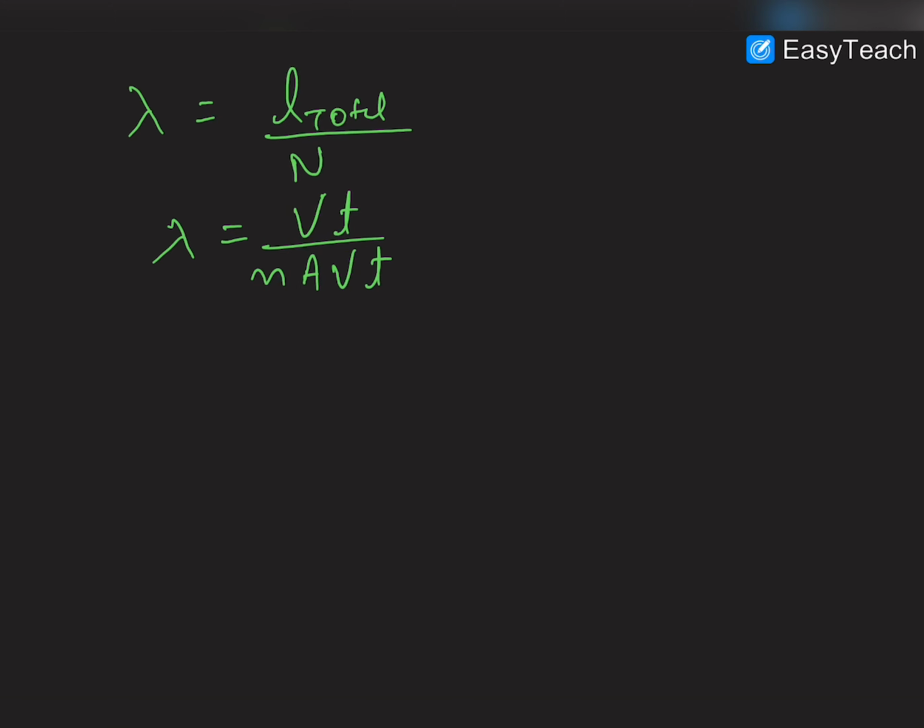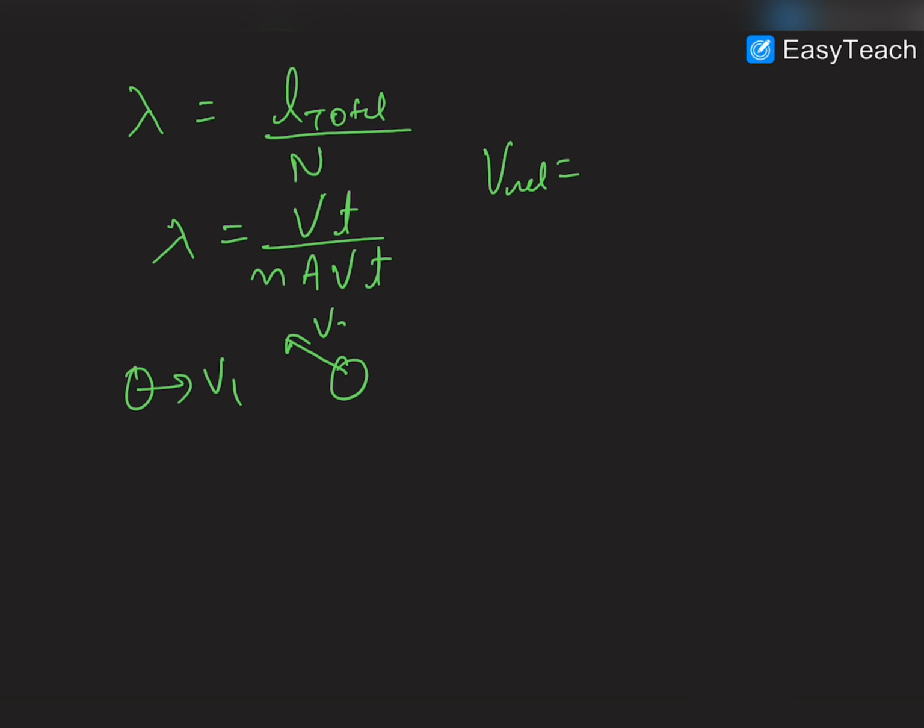Now you can cancel this v and v, but you should remember that this v is the velocity of any single molecule, and this v is the relative velocity of the molecules, because not only a single molecule is moving, in fact all of them are moving randomly. Now we also know that the velocity of each molecule is random.